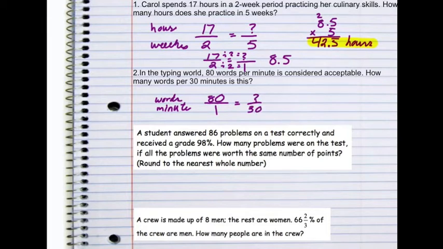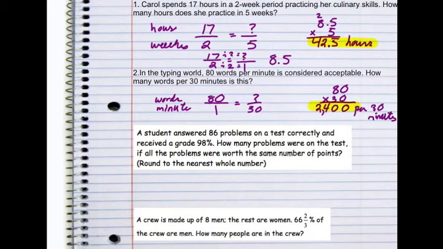Again, this is just a simple ratio, but I know that I type 80 words in 1 minute. So if I take 80 and I multiply it by 30 minutes, I'm going to get 2,400 words. And that number of words is typed in 30 minutes, right? So maybe you might want to say 2,400 words per 30 minutes.